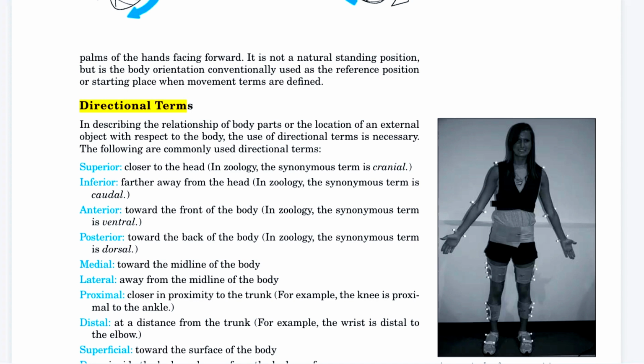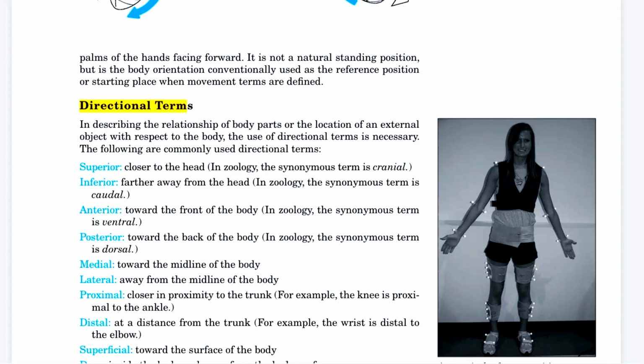After that, proximal is something closer to the body center, that means near to where the limb attaches to the body. The elbow is proximal to the wrist because the elbow is closer to the shoulder, and the shoulder is attached to the body.